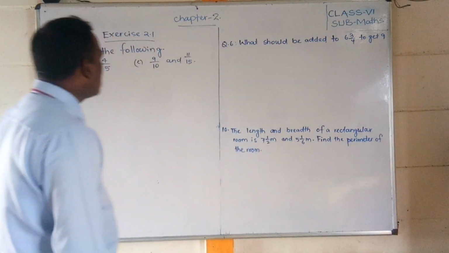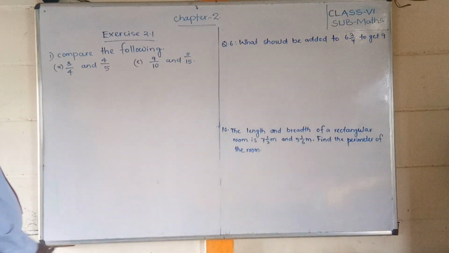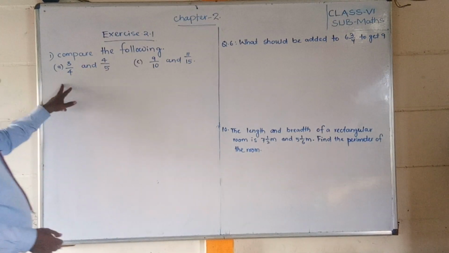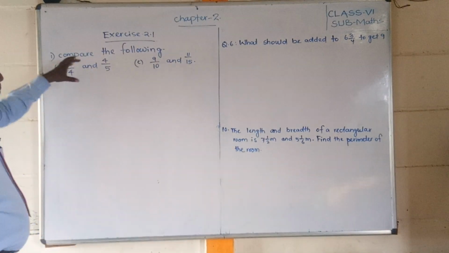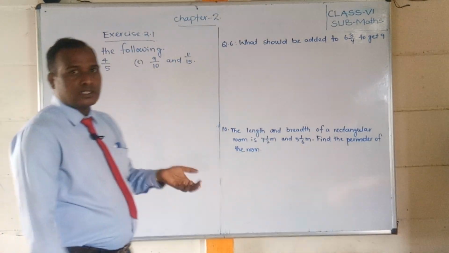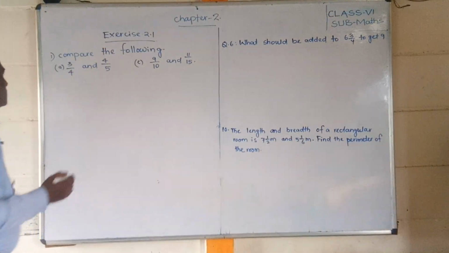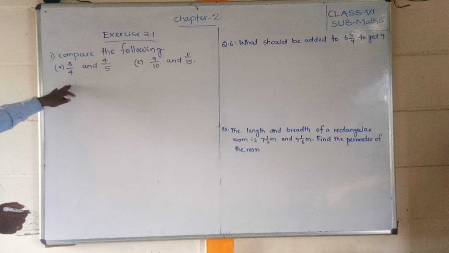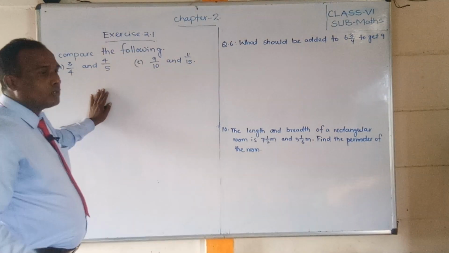Now see, students, exercise 2.1: compare the following. 3/4 and 4/5 is the first question, and 9/10 and 11/15. Compare the following, that means which is greater and which is smaller. In these questions I have selected the first two, and B and D you have to do.